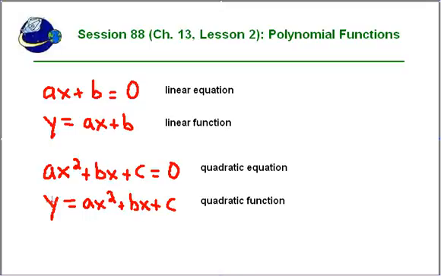But on the other side, in place of 0, we've placed y. So now we've introduced an infinite number of solutions, or points, whereby x's and y's combine together to produce a function that's equivalent to each other. A quadratic equation has at most two solutions, whereas the quadratic function has an infinite number. A linear equation has at most one solution, but with a linear function, you now have an infinite number.